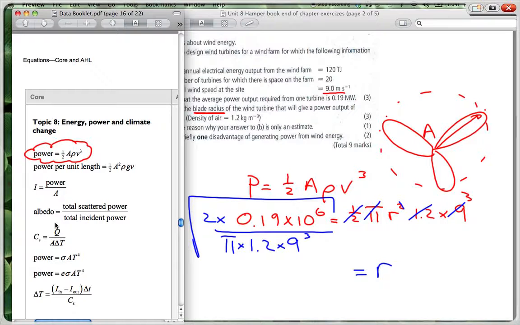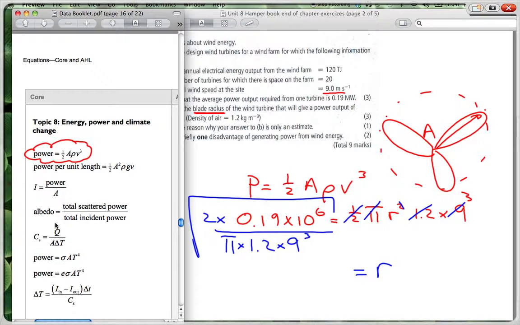So we put that in, the square root, and we're going to open our brackets. I'm going to open a double bracket, just in case. So it's 2 times 0.19 exponent 6, close brackets, divided by open brackets, pi times 1.2 times 9 cubed, close brackets.